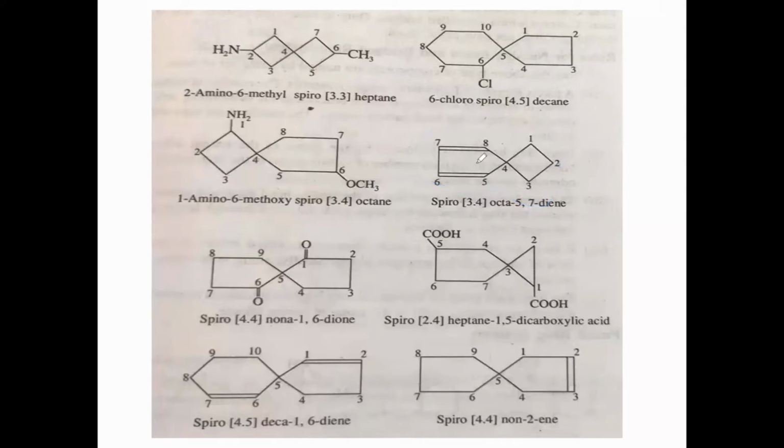If you have to name this compound, first you will write the word Spiro. Then you will write the square bracket, and in that you will count the number of carbons in those rings.